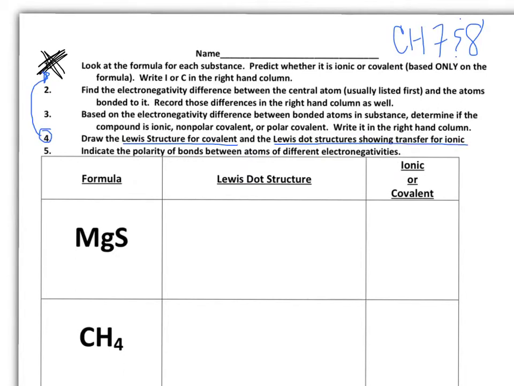So the first one that we have here is ionic, right? And so to do the Lewis dot structure showing transfer, what you're going to do is something that I did in previous notes. Mg is in family number 2.